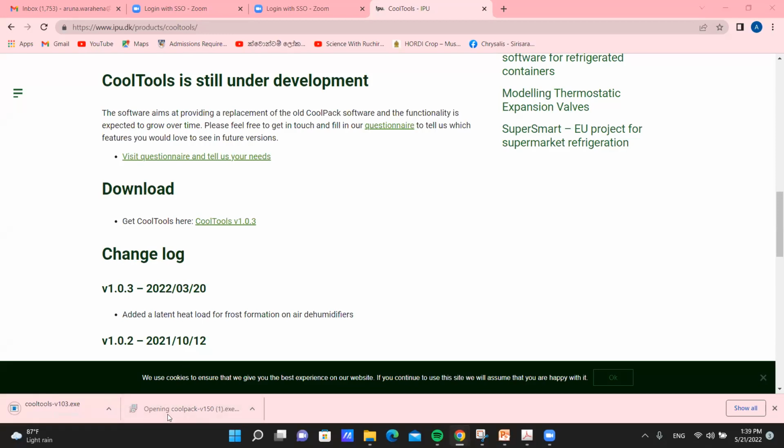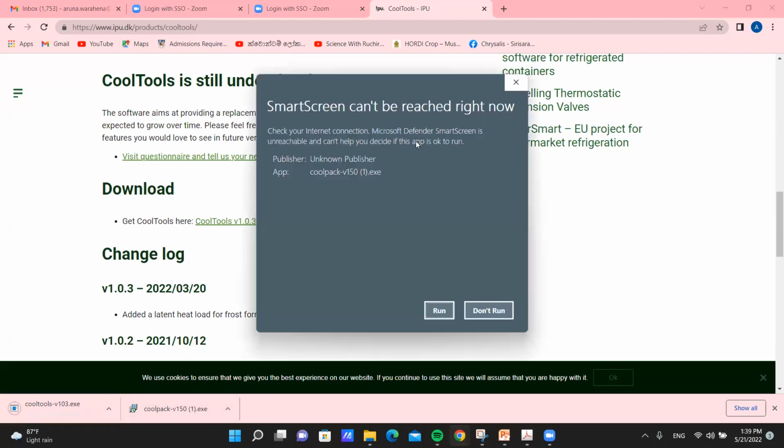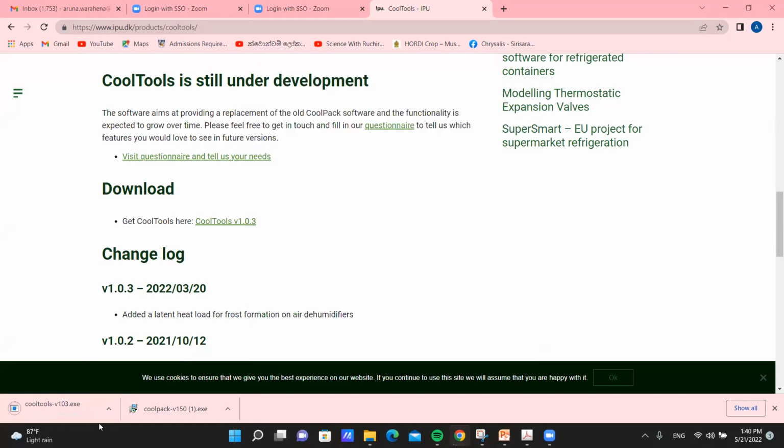Coolpack. See, you can run this. Okay. Because I have already installed this, I'm not going to run this.